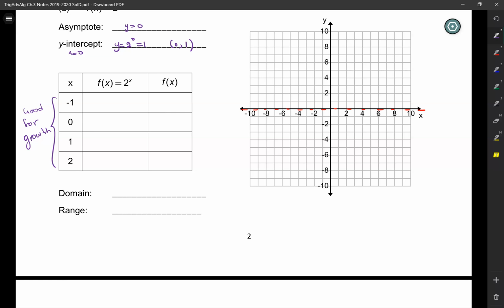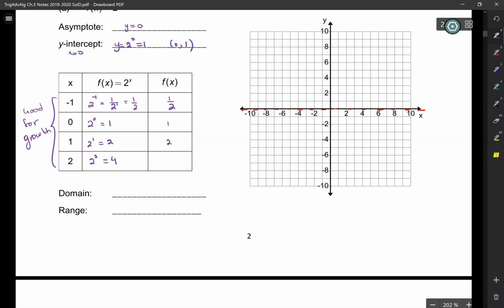Okay, now you're going to plug it in. So look, we're going to have 2 to the -1. And what happens when you have an exponent that's negative? You take the reciprocal, 1/2 to the 1, so that's 1/2. Okay? Next, 2 to the 0, 1. 2 to the 1, 2. 2 to the 2, 4.